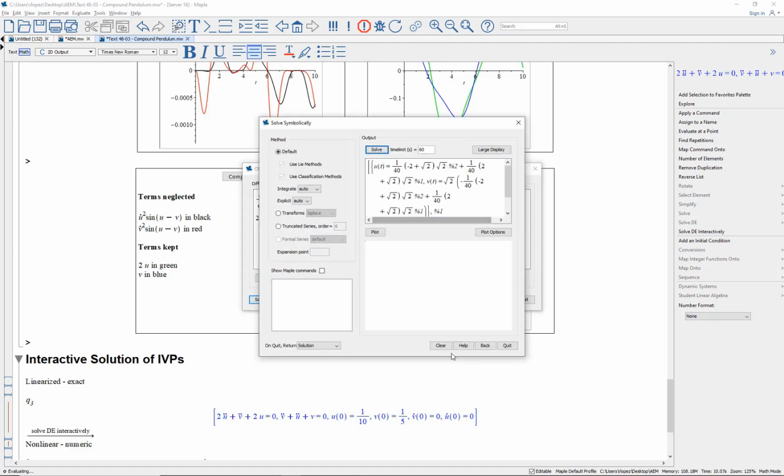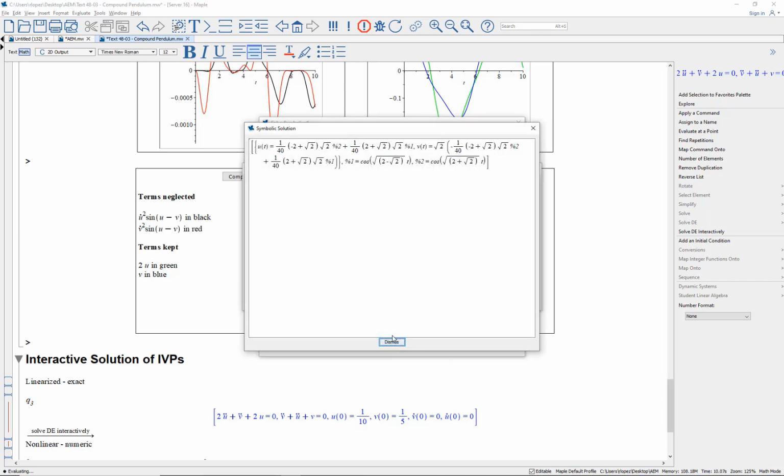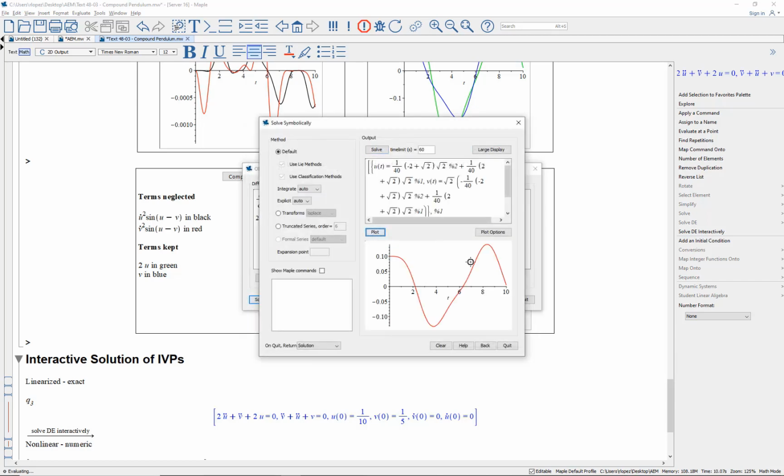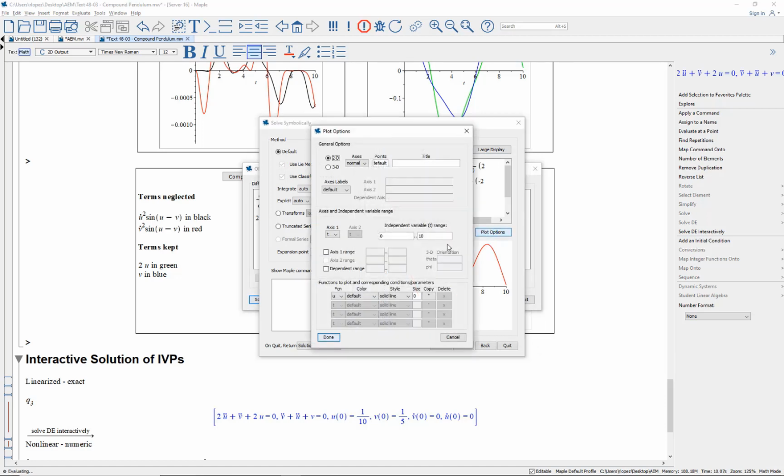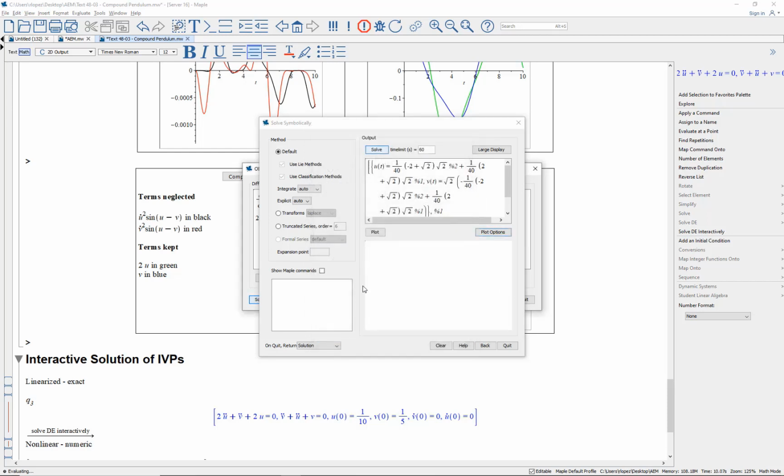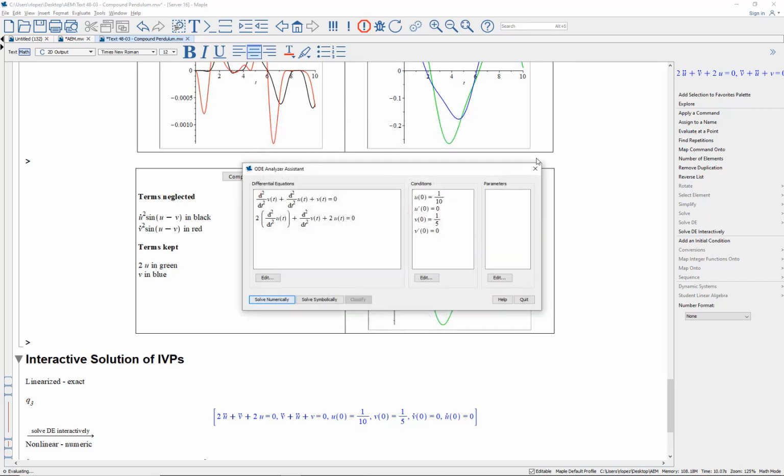You tell Maple to solve. You can see that in a bigger window. You press this plot button, you get a graph of U. If you select to make a copy of U and change that copy to V, then when you click plot, you get a graph of U and V both.